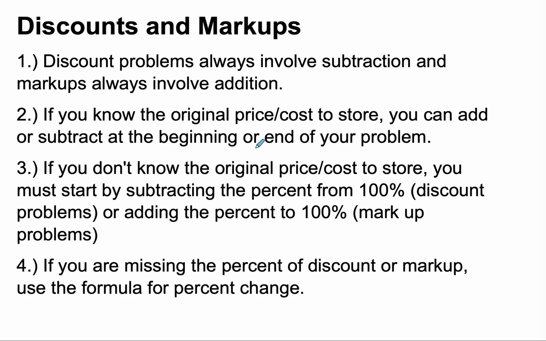If you don't know the original cost, original price or cost to store, you must start by subtracting the percent from 100 for discount problems, or adding the percent to 100 for markup problems. And then if you are missing the percent of discount or markup, you use the formula for percent change.